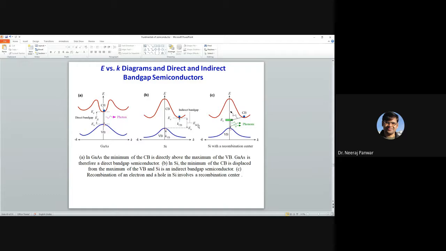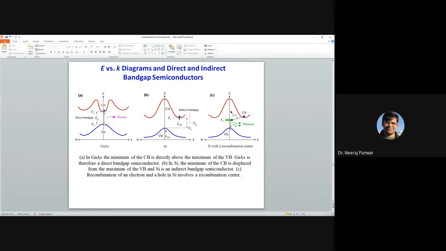Now there is a term we define, quantum efficiency. So quantum efficiency is a measure of how well a semiconductor material is in converting carriers into photons. Here electron hole recombination is taking place.